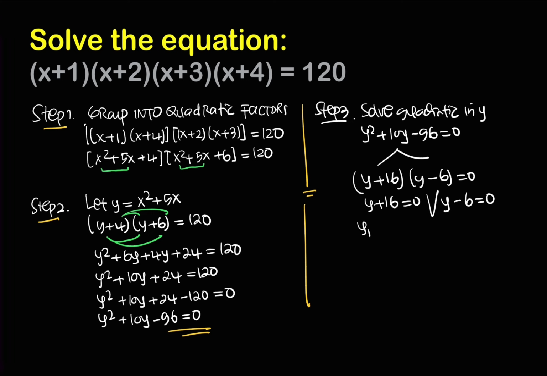So the first y1 is negative 16, or y2 equals 6. Negative 16 and also 6. Now we can move to the next step. Let me erase this for a while.